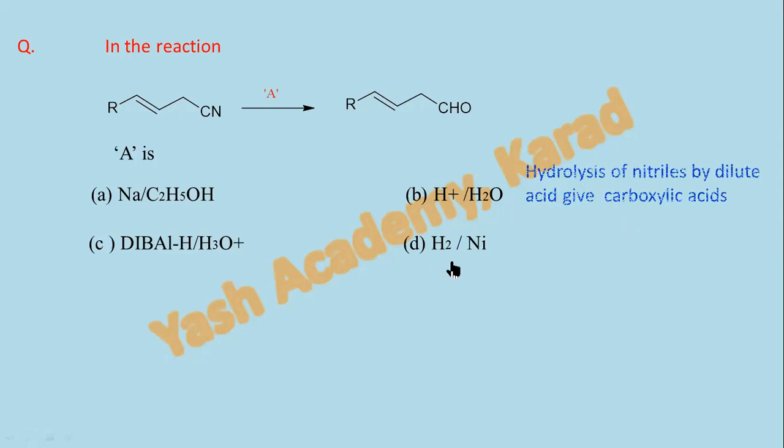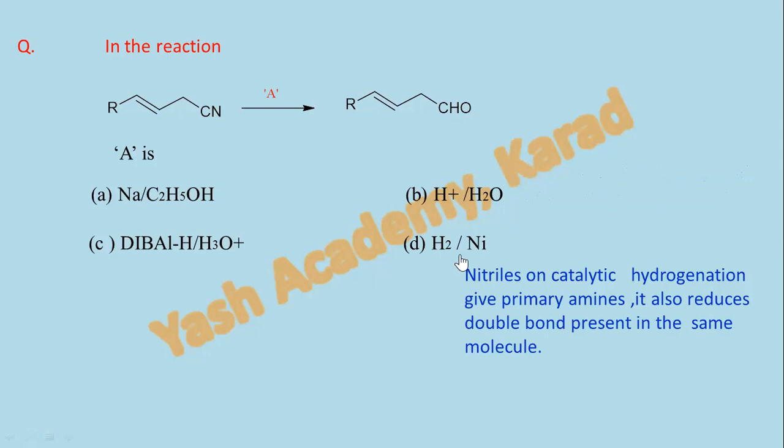Next, catalytic hydrogenation, that is hydrogen gas adsorbed on the surface of nickel. Nitriles on catalytic hydrogenation give primary amines, meaning C≡N is reduced to the CH2NH2 group, but it also reduces double bonds present in the same molecule.